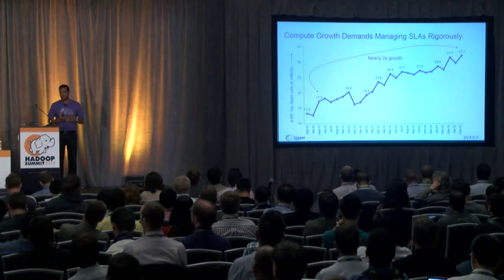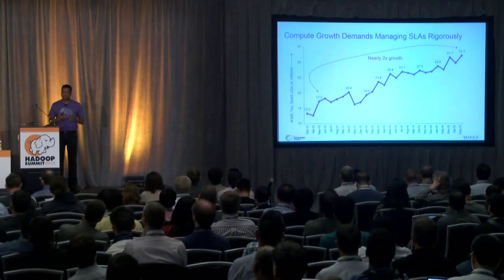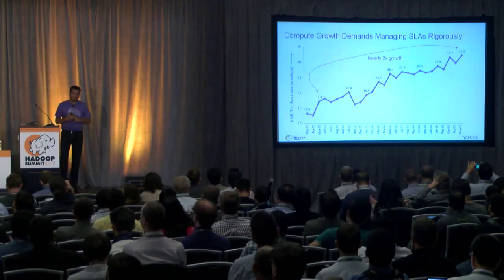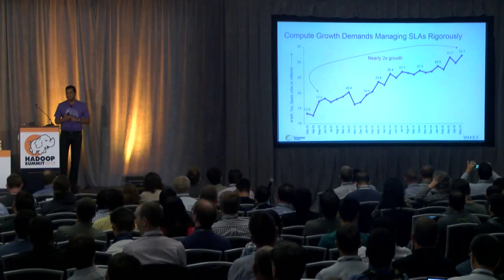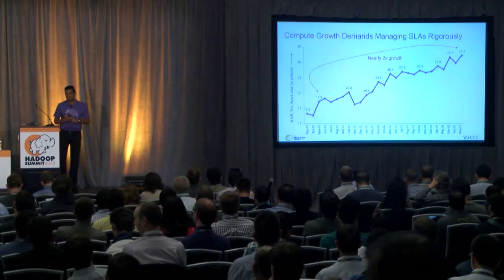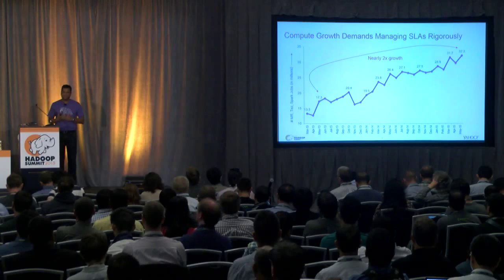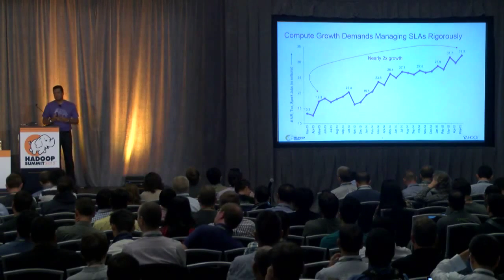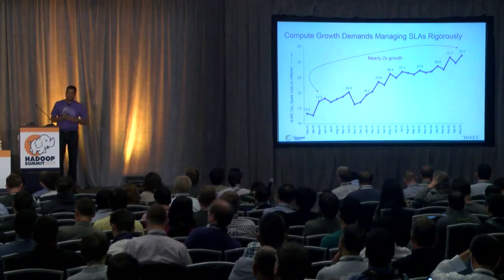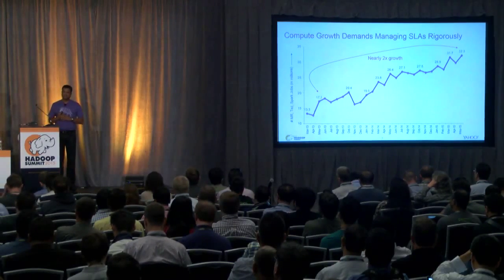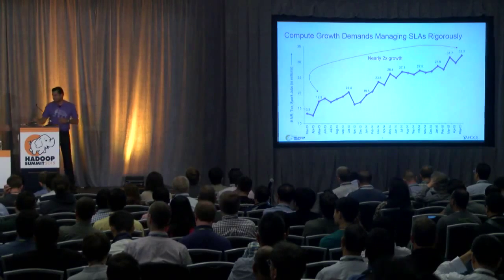So this is one way to look at compute, which has worked okay since it was all MapReduce, the number of jobs. We're now roughly at 33 million jobs a month, and that's a staggering number. And that's why the notion of SLA is becoming increasingly important. With that, let me hand it over to Nathan to talk about scheduling in detail.